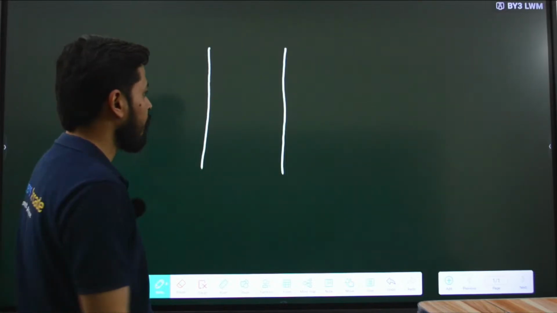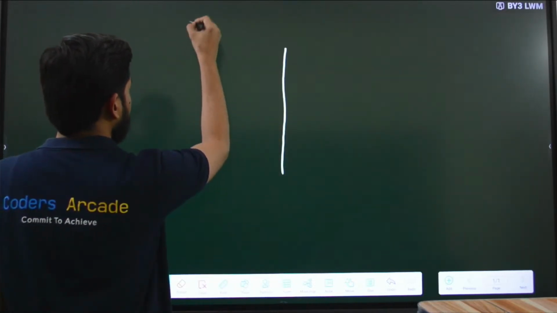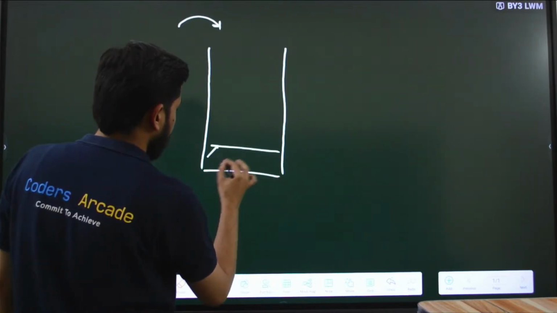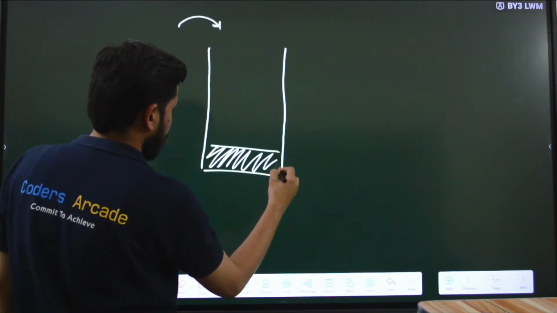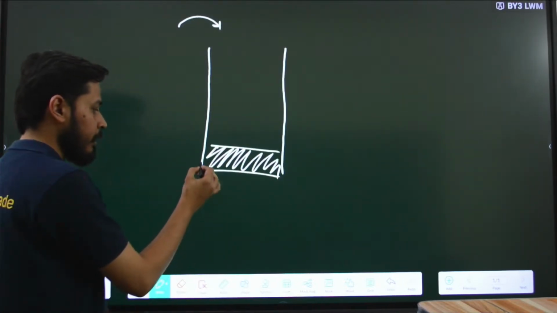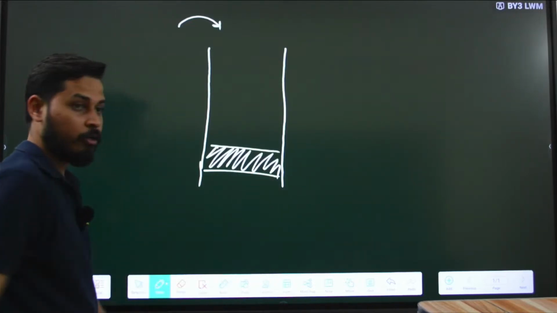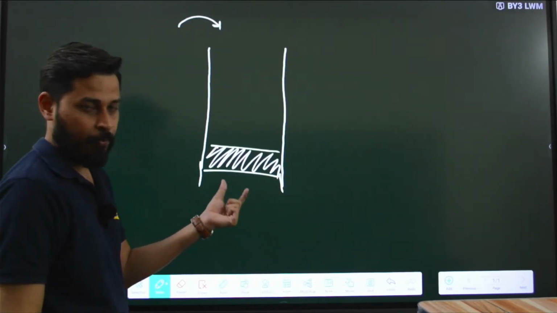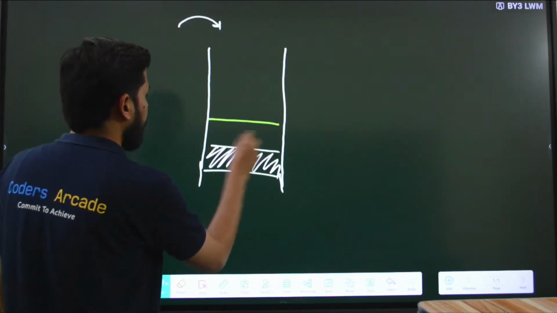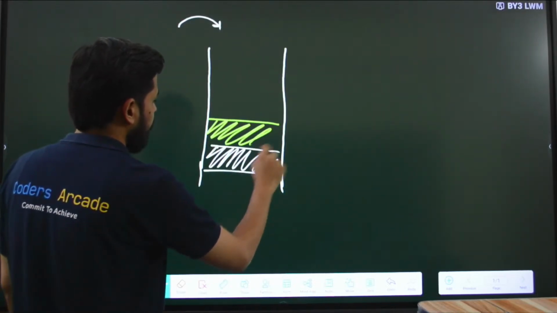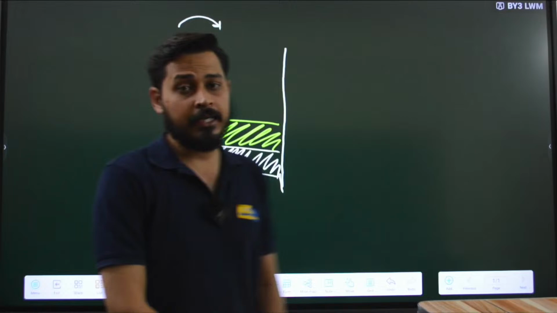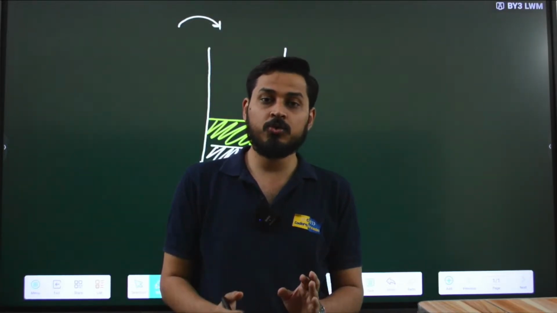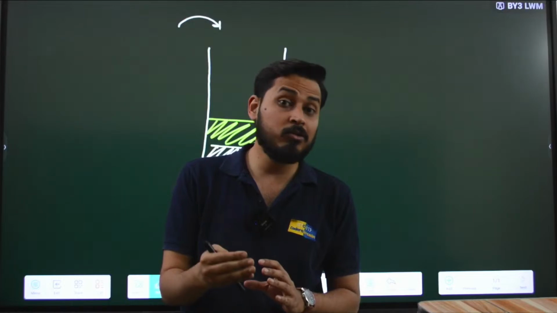Let us say that this is your data entering, which is entering right here. The queue is not closed from beneath, so this area is still open. You say I'm going to add some more data onto it. Yes, in queues also the data is stacked over each other, but the queue is not closed from beneath.